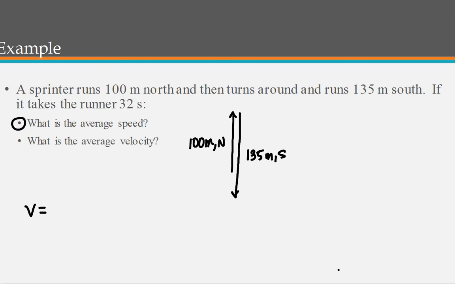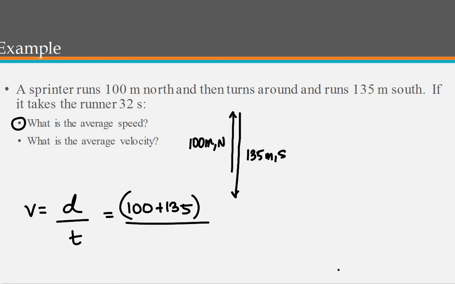Average speed is going to be distance divided by time, which would be 100 plus 135 in how many seconds? 32 seconds. So that's the speed.